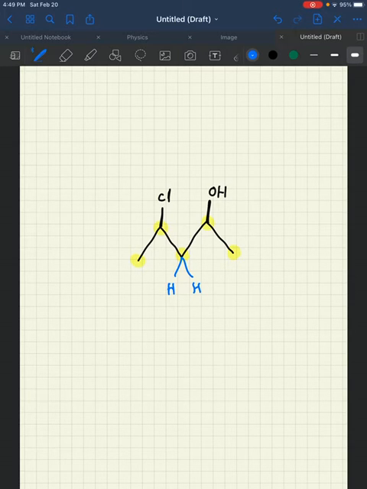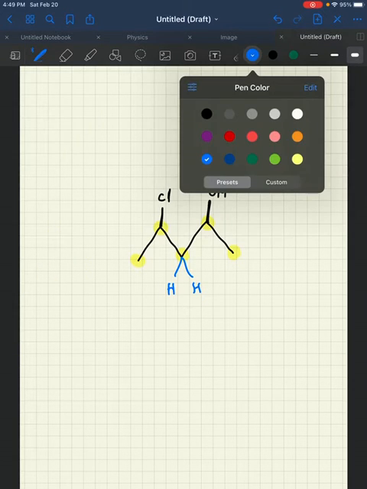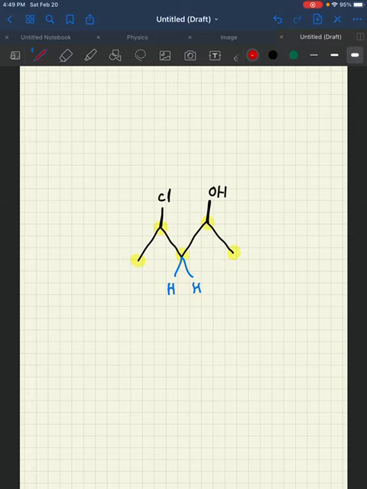So we know that this can't be one. Once again, this definitely can't be one here. We know this can't be one because we have 3 hydrogens here. That's not going to work. That's not what we want.